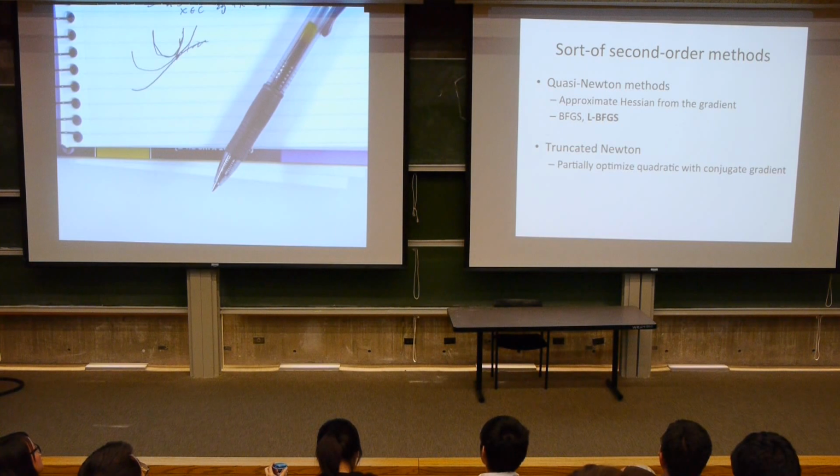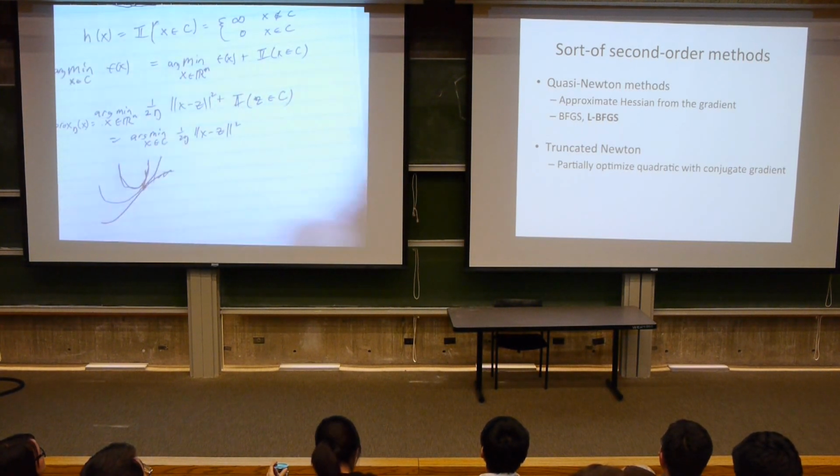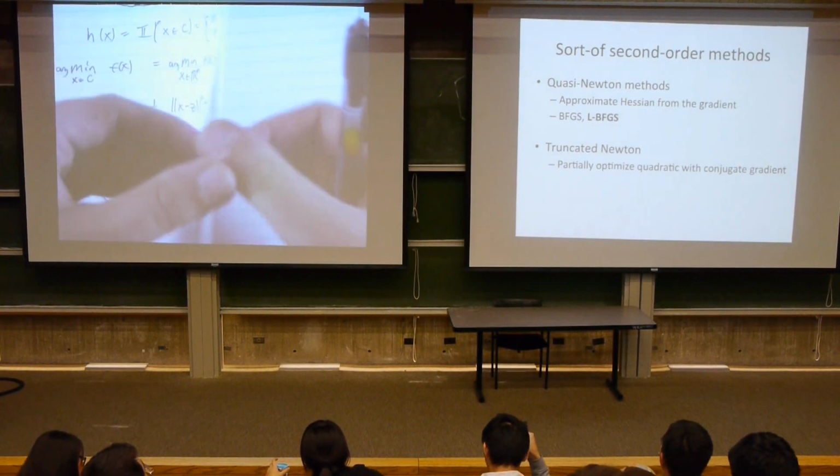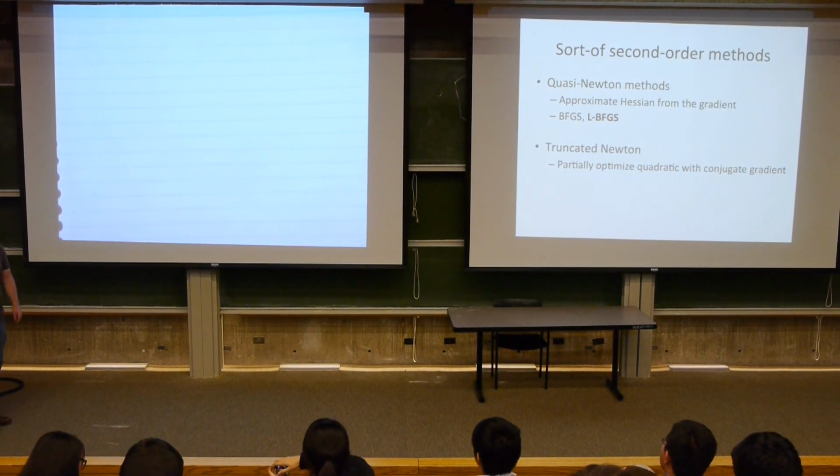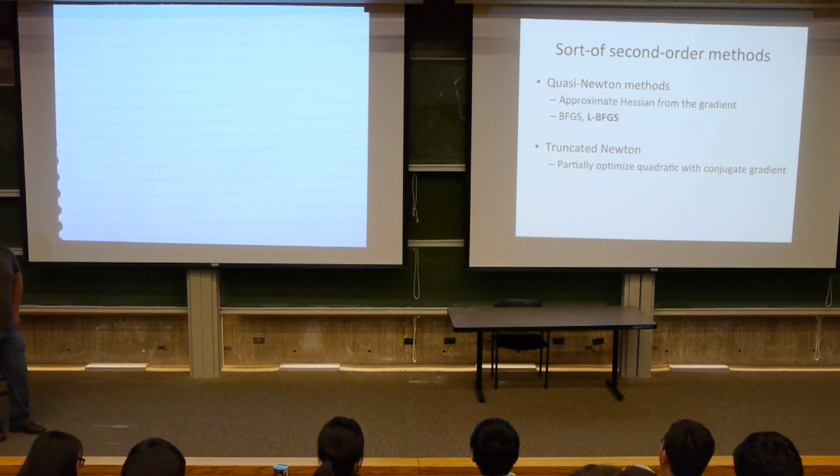So to avoid the computational expense, there are various things you can do called quasi-Newton methods, which basically approximate the Hessian rather than actually computing the full thing. So that can be a lot less expensive.